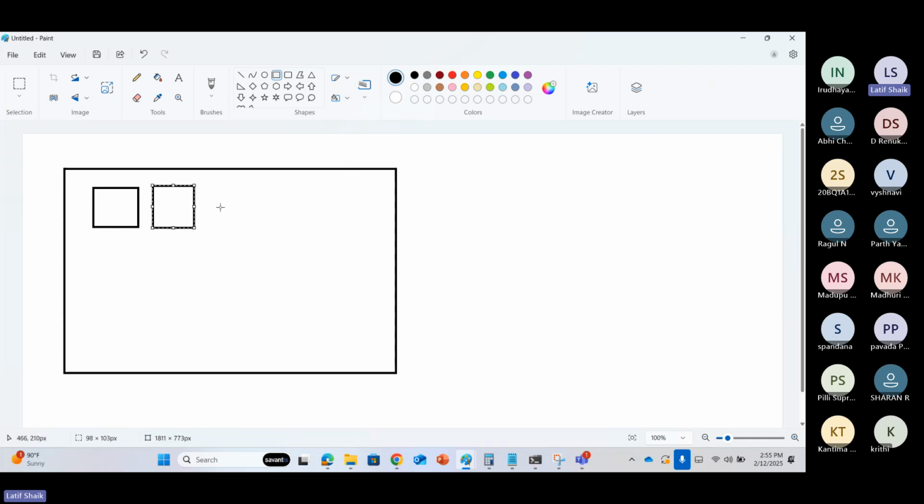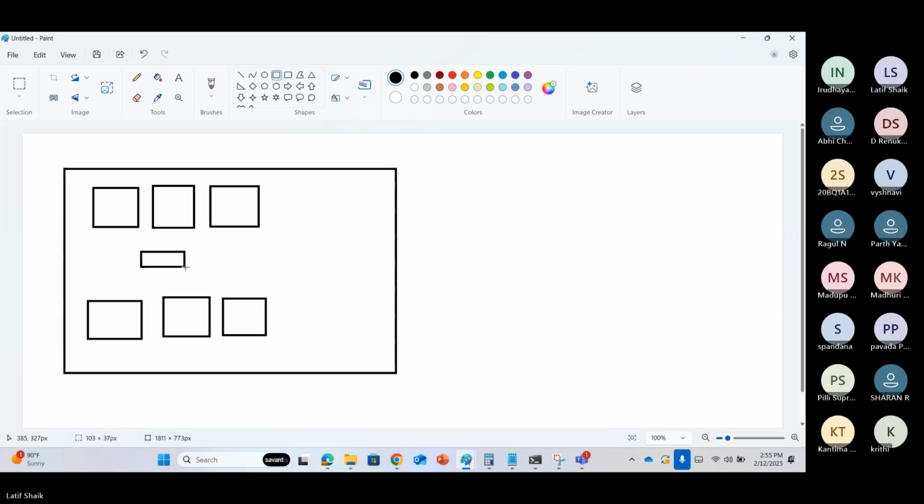I have devices, and I'm connecting these devices together, either using a hub or a switch, or maybe I will use a wireless access point to connect the devices wirelessly.